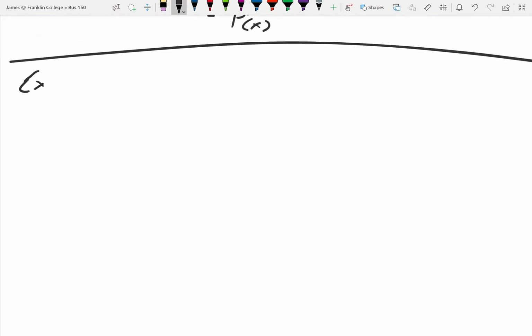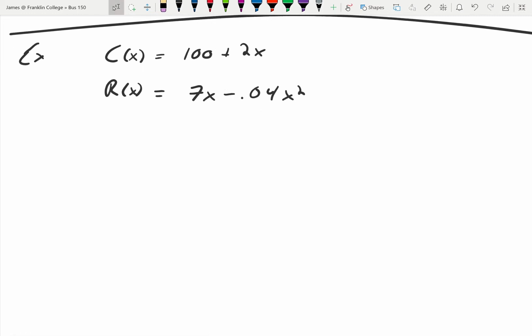So example, let's say that we have a cost function that equals 100 plus 2x. Let's say we have a revenue function of 7x minus 0.04x squared. Well, we can figure out what the average cost function will equal.